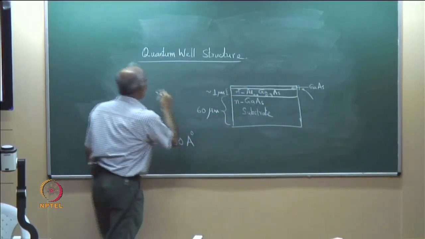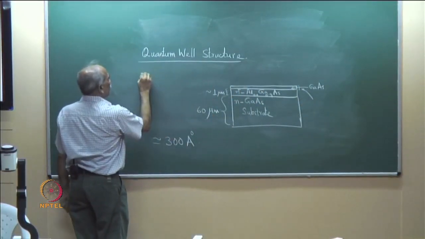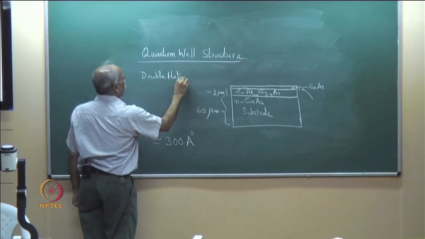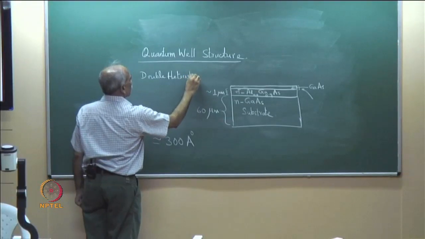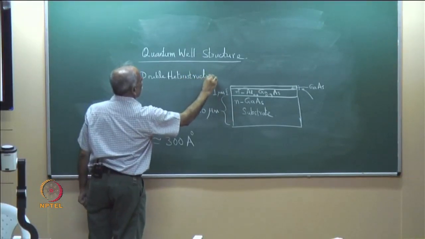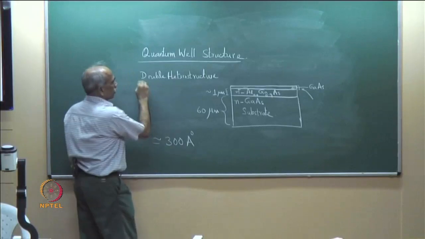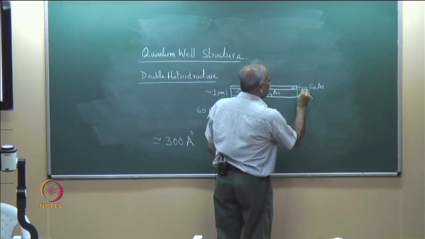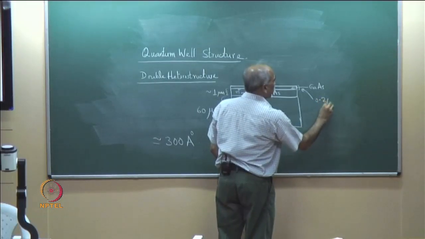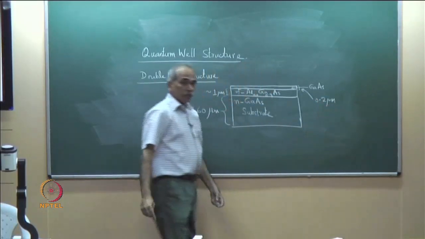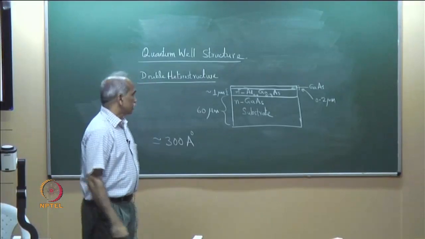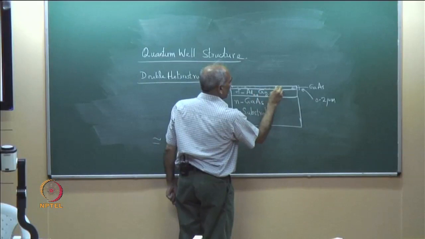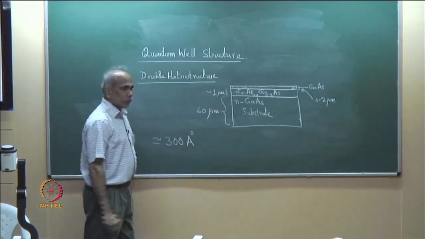I am drawing the layer thicknesses of a double hetero structure. The gallium arsenide thickness is 0.2 micrometer. Some numbers will give you a good idea, so this intermediate layer is 0.2 micrometer.